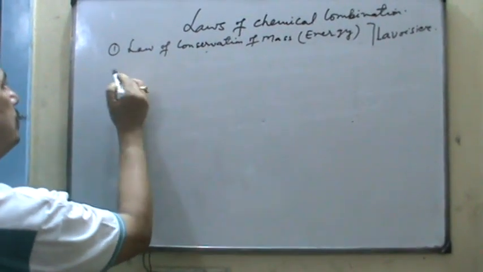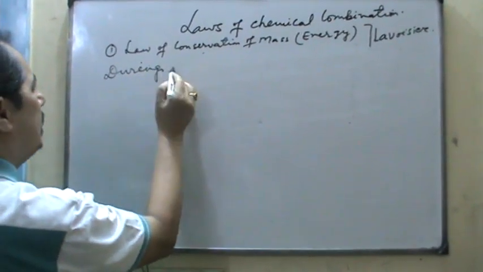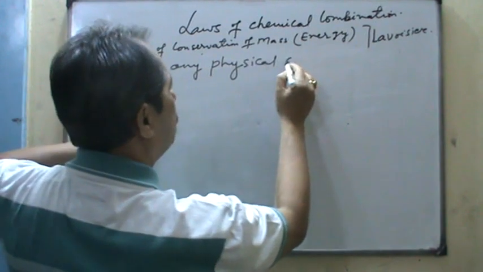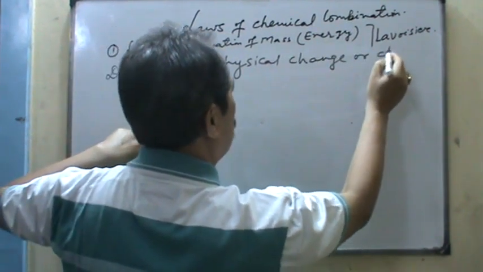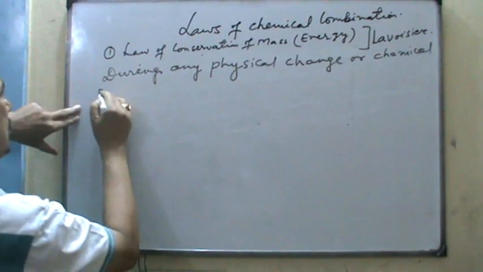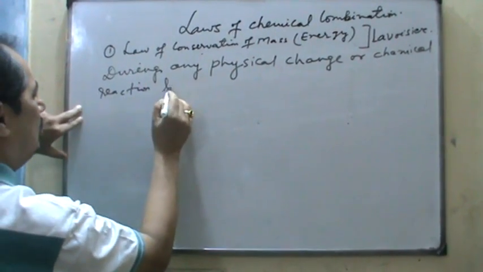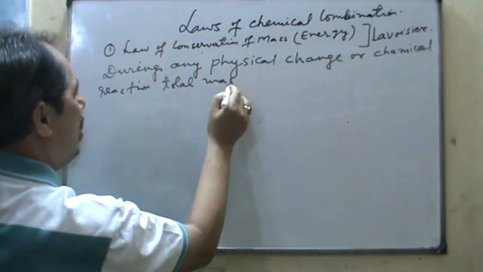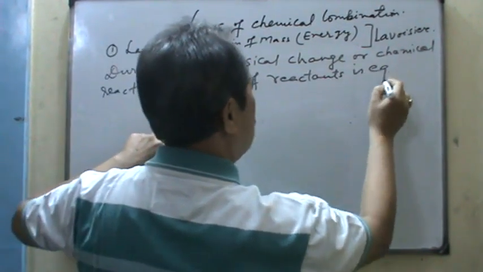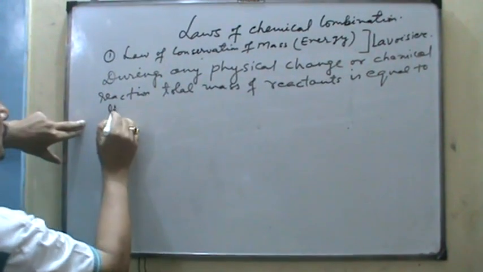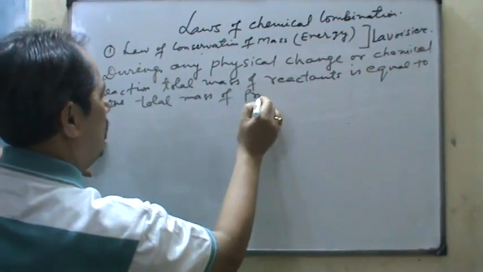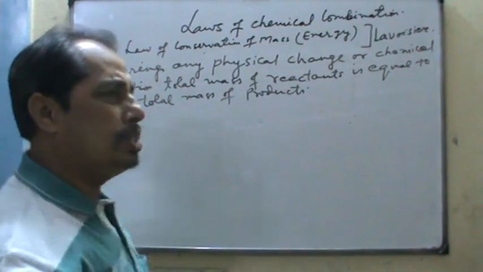This is defined as: during any physical change or chemical reaction, the total mass of reactant is equal to the total mass of what? Products. So it is very easy to understand what this law is.